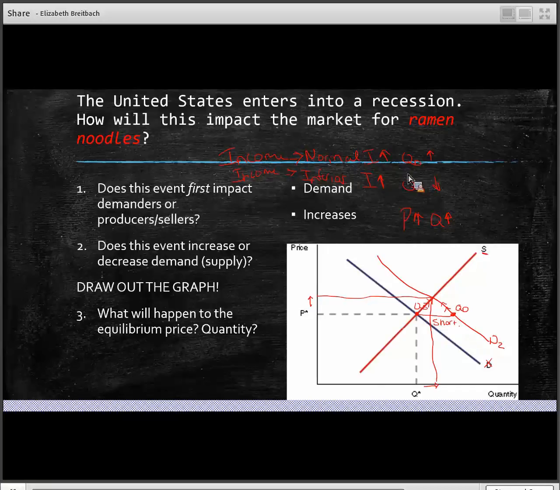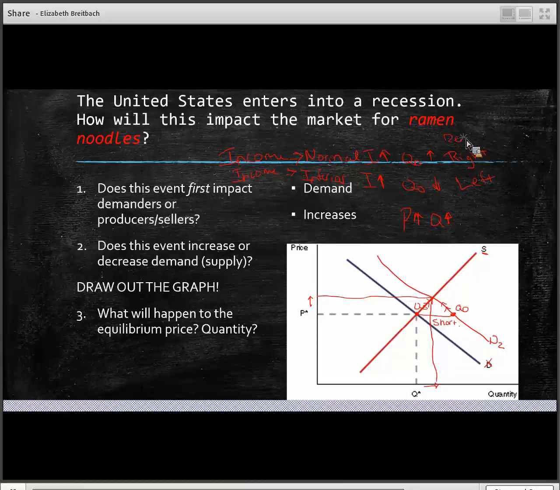All right, so when we have that normal good, our income increases, demand increases, we have that right shift in demand. When we have an inferior good, our income increases, we don't purchase any more ramen noodles, and that's going to cause the demand to shift left. So these are demand shifts.